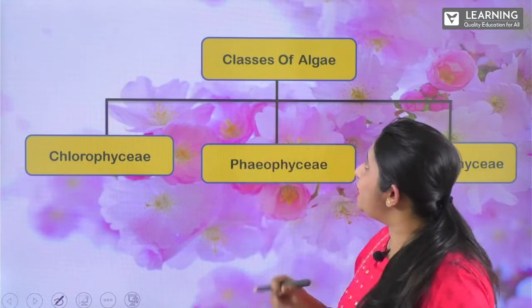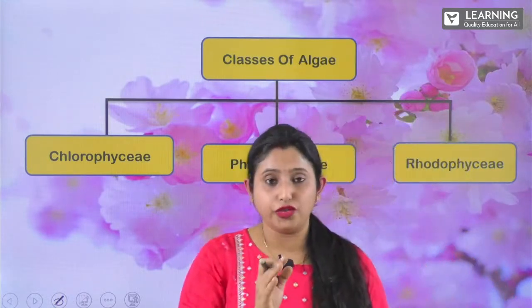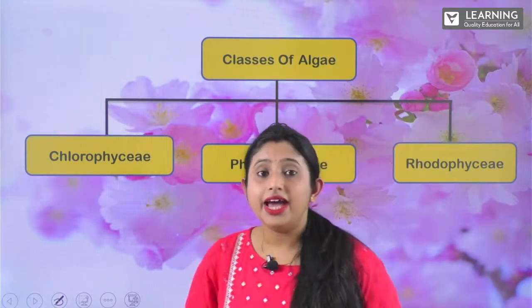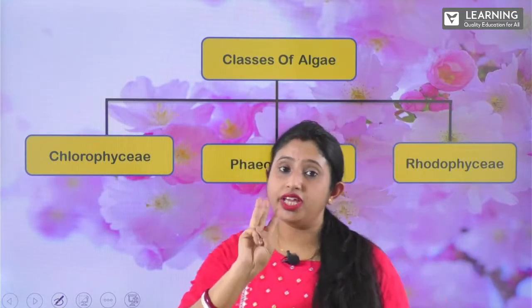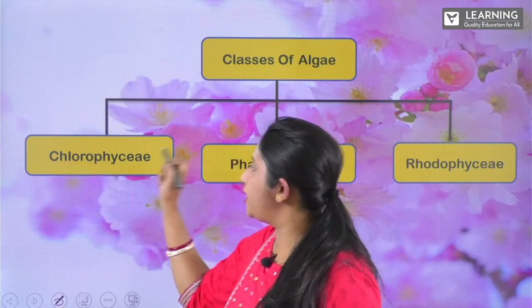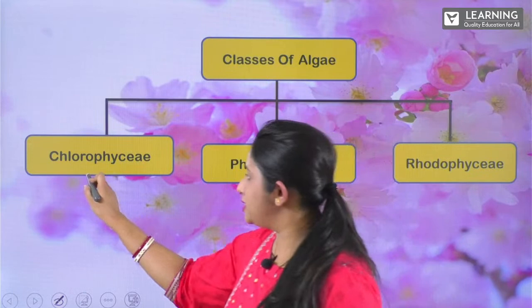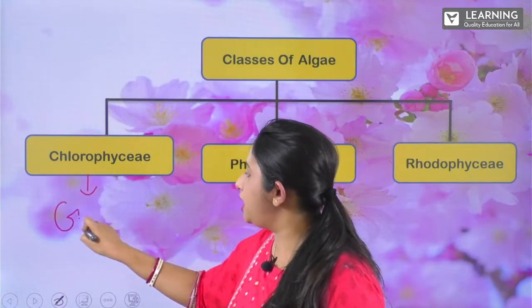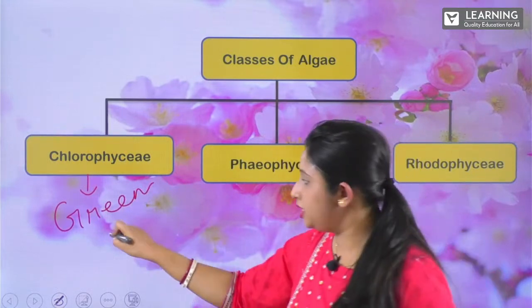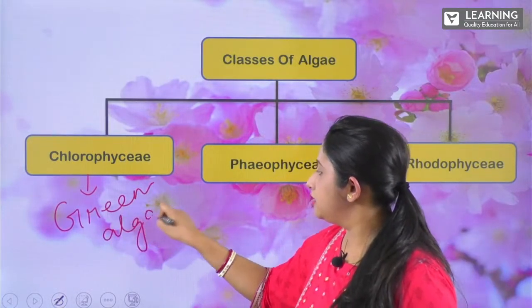Next, let us see the various classes of algae. The algae is divided into three main classes. One is Chlorophyceae, also known as green algae.